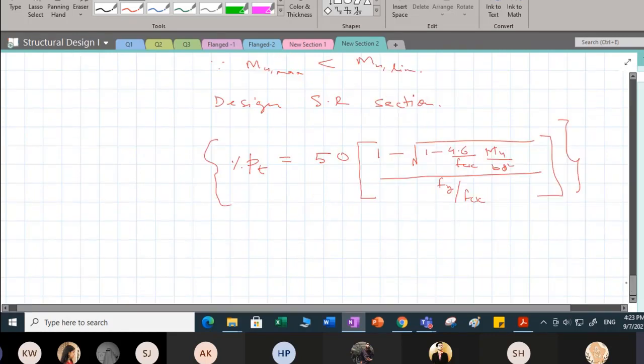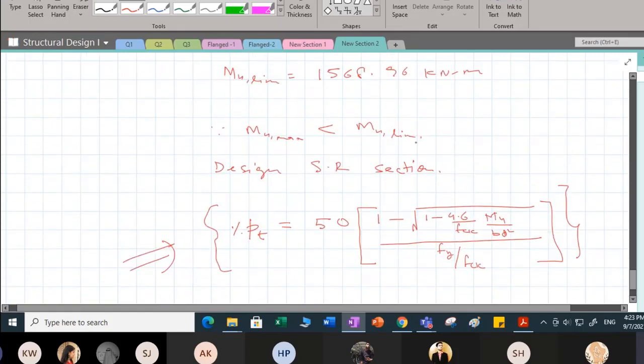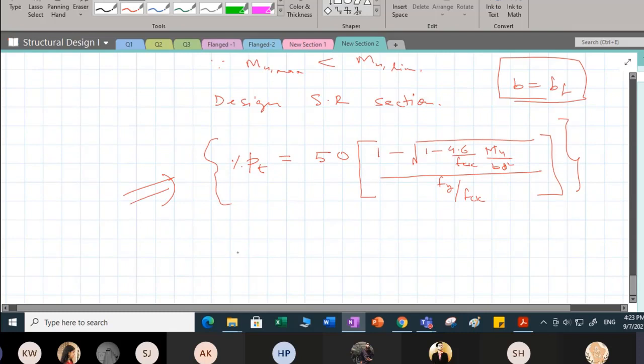Whenever you have a singly reinforced section, apply this formula. Now, instead of b, substitute the effective width of flange in this formula, and give me the percentage tension reinforcement.